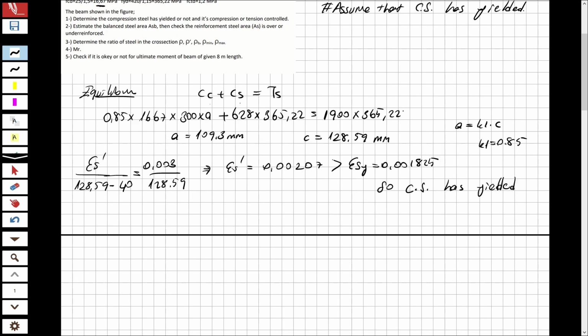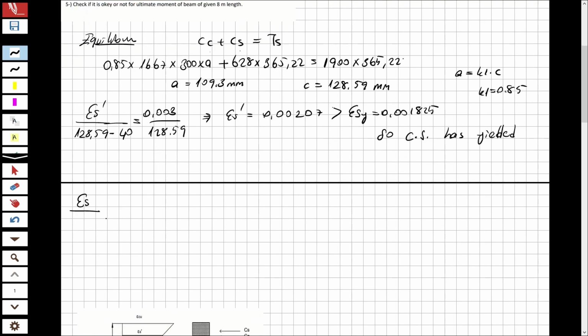We don't need to find any new c value. So let's check whether it is under reinforced, tension controlled or compression controlled. For this one, we are going to obtain the strain of the tension steel: epsilon s over d, where d minus c is 560 minus 128.59, equal to 0.003 over 128.59.